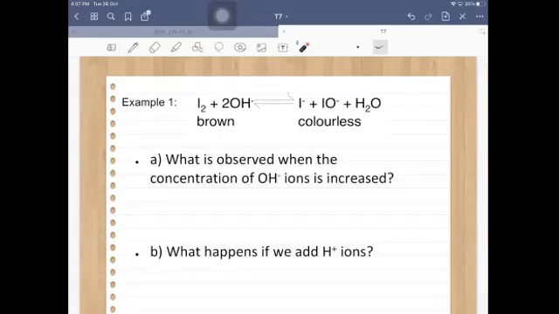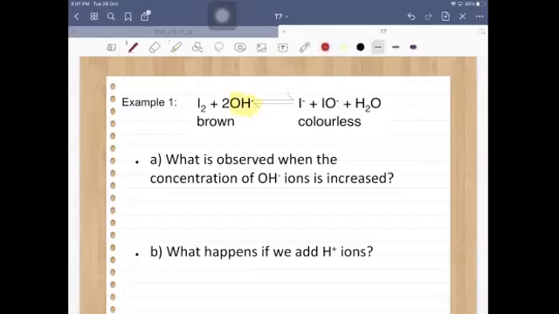However, this is H plus. Even though H plus is not in the equation, H plus actually indirectly affects the equilibrium. What does H plus react with? It reacts with the hydroxide ions.